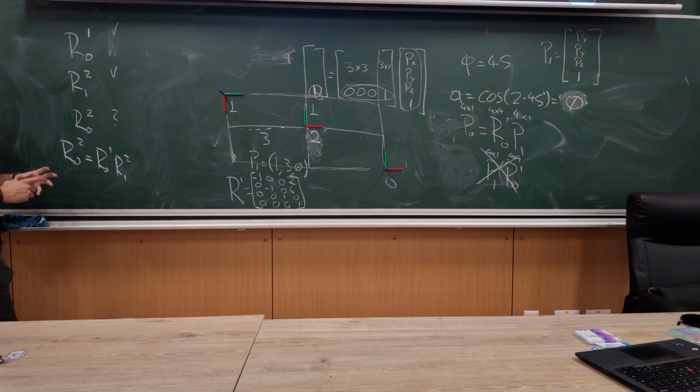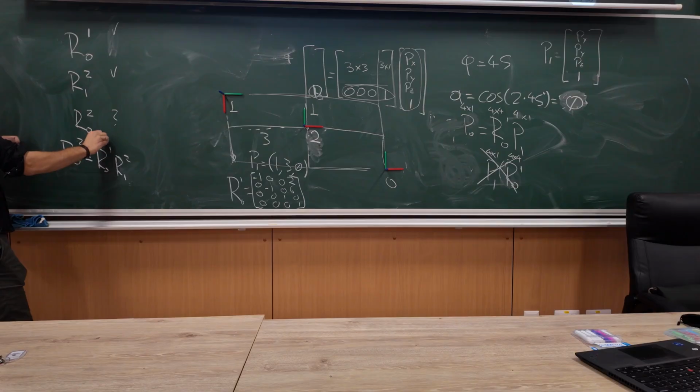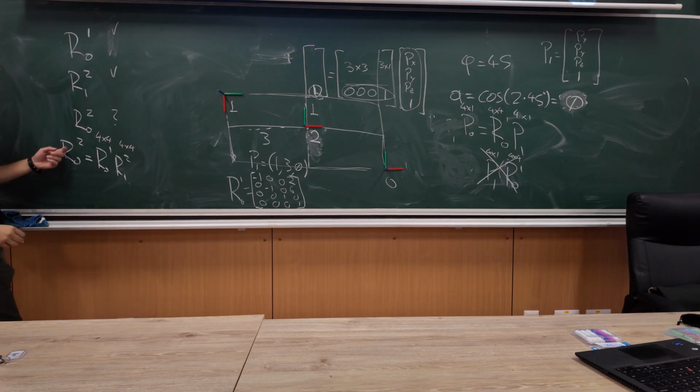It's a transformation matrix, so it's a 4 by 4. This is also a transformation matrix, so it's also a 4 by 4. So the end result will also be 4 by 4, another transformation matrix. All right.